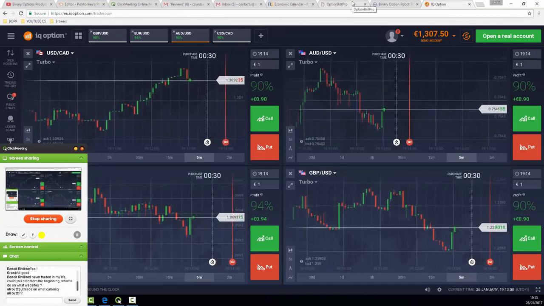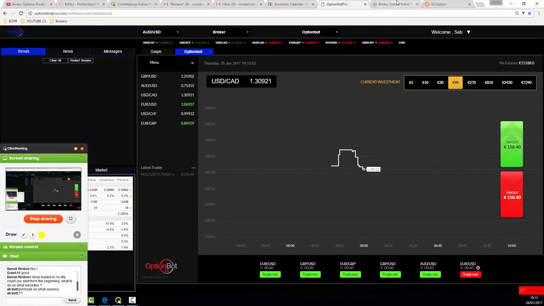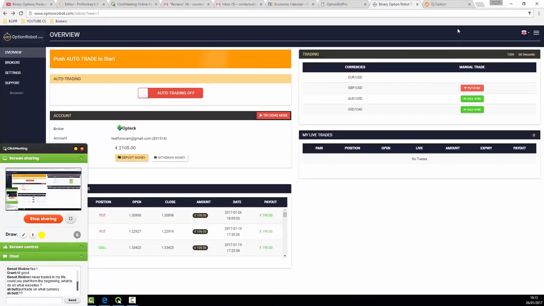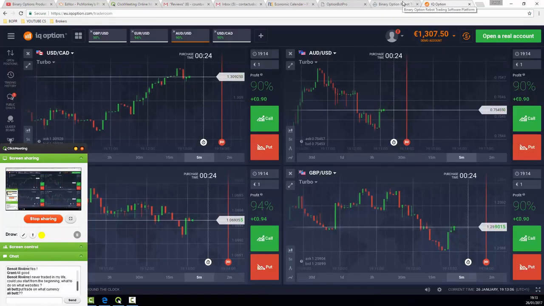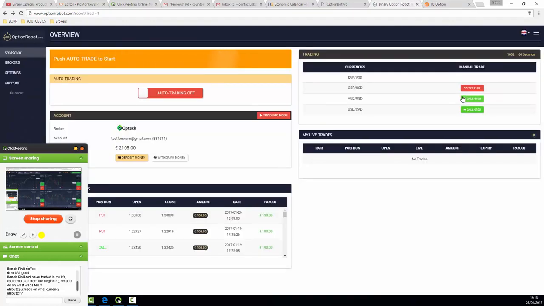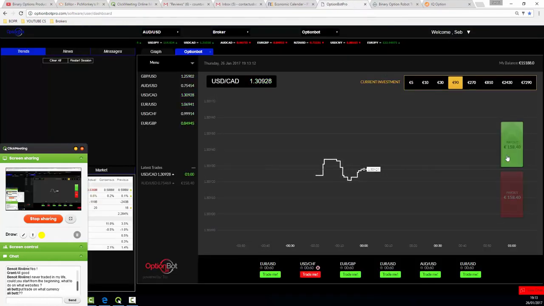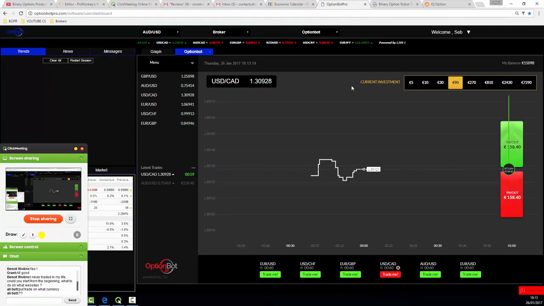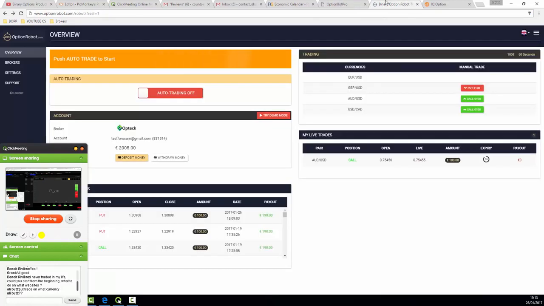GBP USD, AUD USD is following a very, very similar pattern. AUD USD, I'm going to put a call on OptionRobot, and then I'm going to place a call on USD CAD on OptionBot Pro. I'm going to do two at the same time.